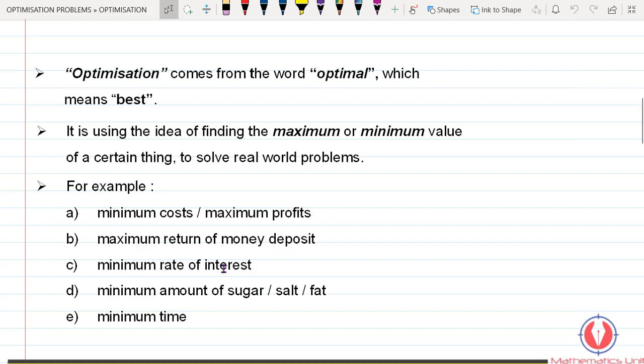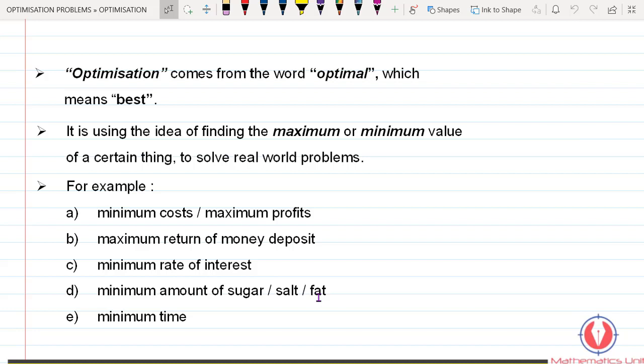If you want to buy a car, or maybe a house, and you want to borrow money from a bank, of course you will go to a bank which charges the minimum rate of interest. Here, minimum amount of sugar or salt or fat. Everybody wants to look good and maintain a healthy weight, right?